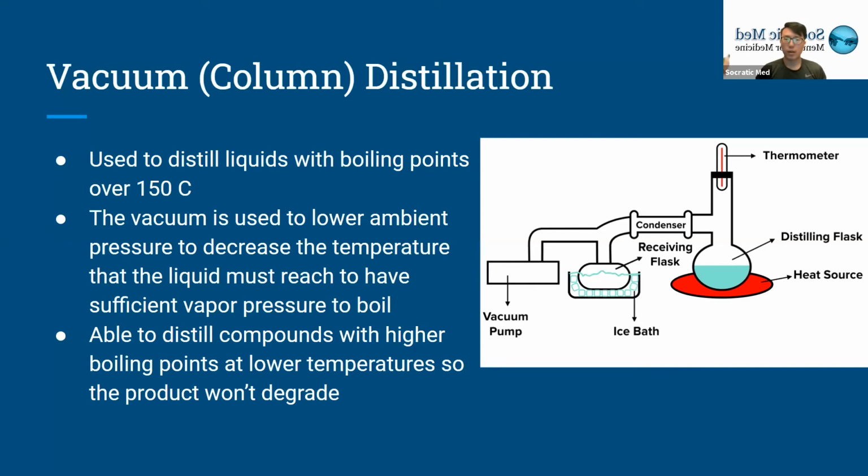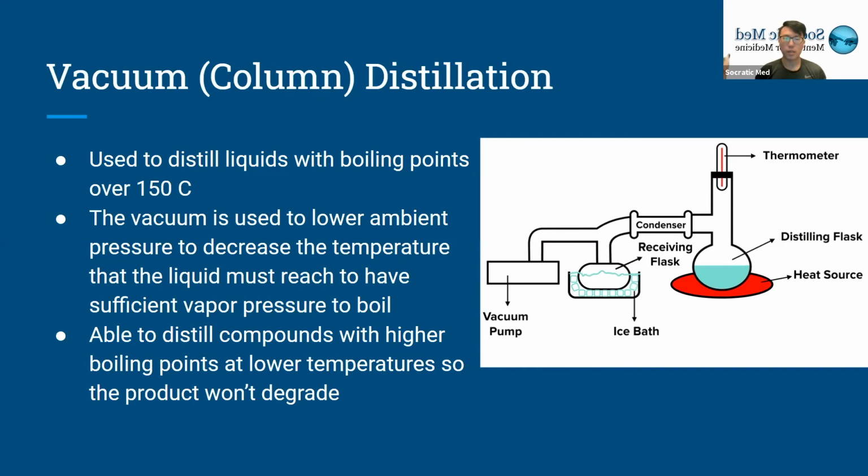So as you know, boiling is when the vapor pressure is greater than the ambient pressure. So the vacuum will lower the ambient pressure in order to decrease the temperature that the liquid has to reach. So basically, it will decrease the temperature needed to boil the solution.